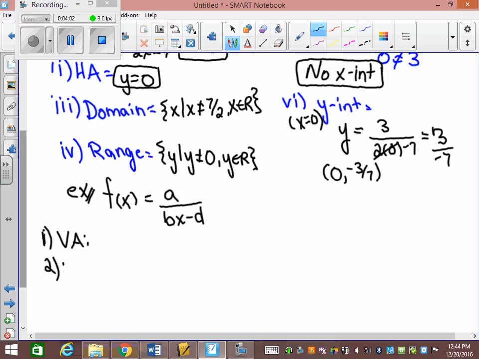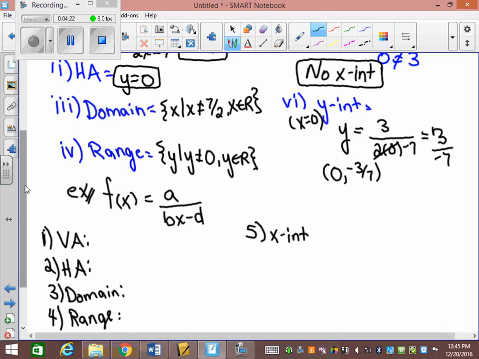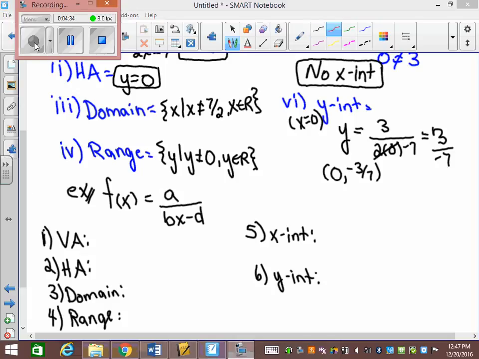I'm going to do my numbers. 1, vertical asymptote. 2, horizontal asymptote. 3, domain. 4, range. 5, x-intercept. 6, y-intercept. Try that one. Often it'll say to you like a, b, and d have to be greater than 0. You could go like 2, 3, and 4 and try it out that way as well, right? And place them back in.